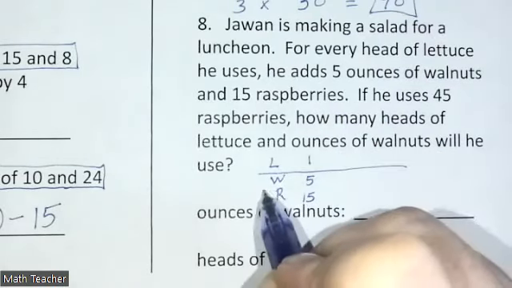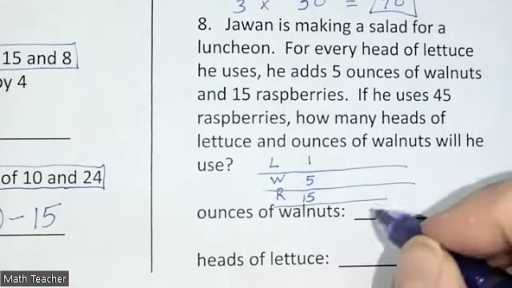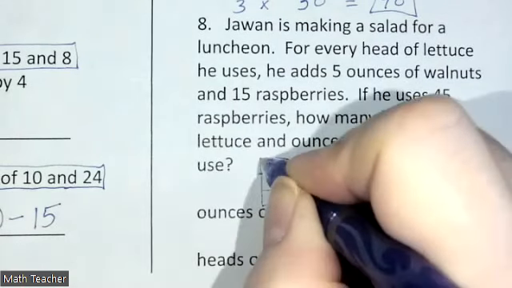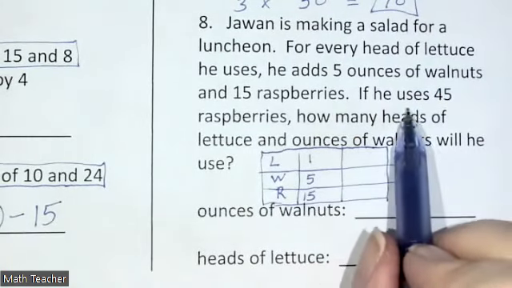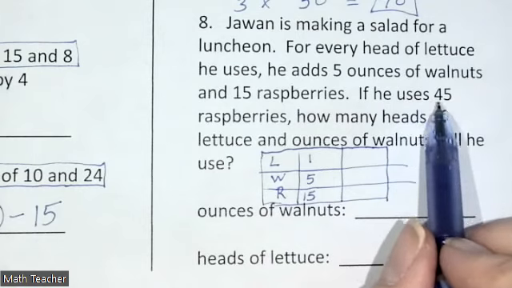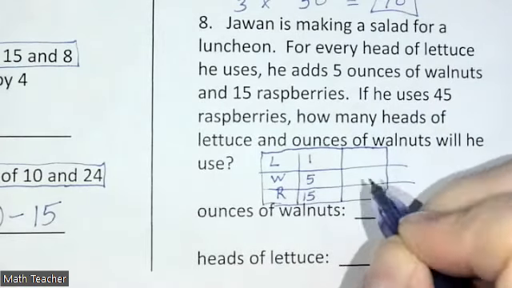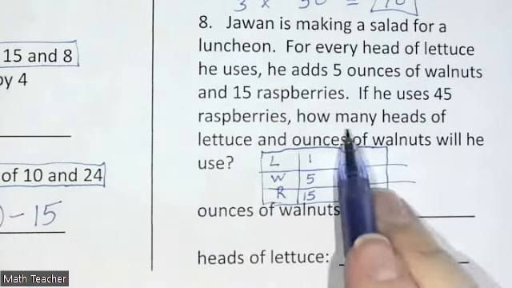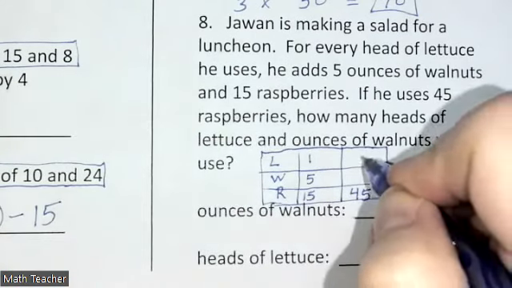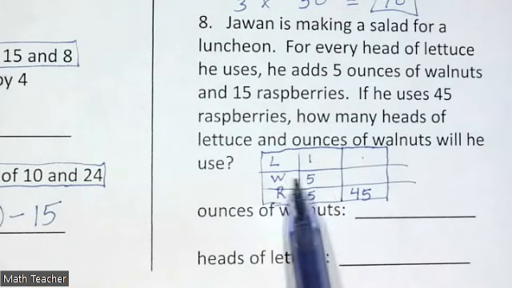And I'm just going to make a small table for myself. Okay, and I just need one other row because I only have one question. If he uses 45 raspberries, I'm going to go to the raspberries row and write 45. If he uses 45 raspberries, how many heads of lettuce? So what is this number going to be? And how many ounces of walnuts?